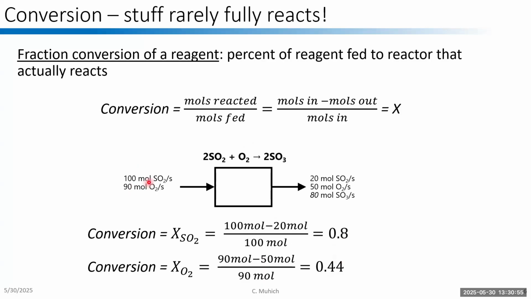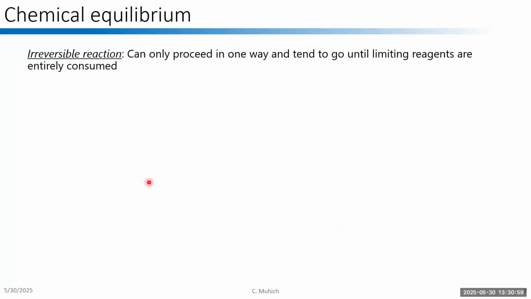This is because they're not necessarily fed into the reactor in a stoichiometric ratio. Okay, so let's delve a little bit further, thinking about chemical equilibria. We have two types of reactions that we think about: irreversible reactions, which only proceed one way.